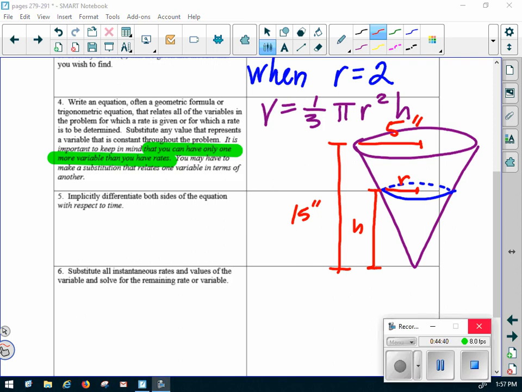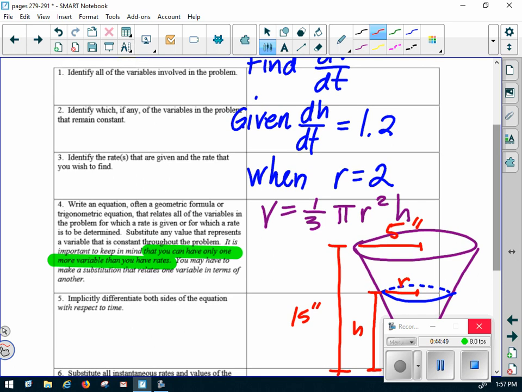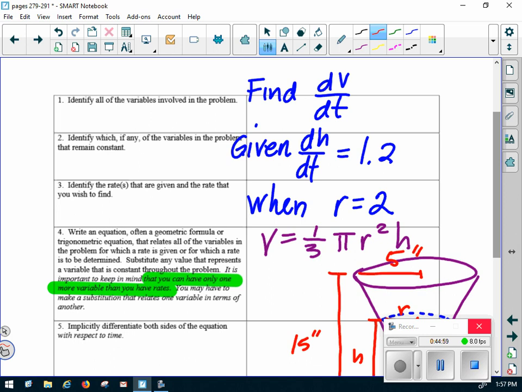Now, keep in mind, I've got to figure out a way to get rid of a variable. The variable that I need is H, because I'm given dH/dt. So I need to keep H. I don't know anything about dr/dt, so I'm going to see if I can figure out a way to get rid of the r.